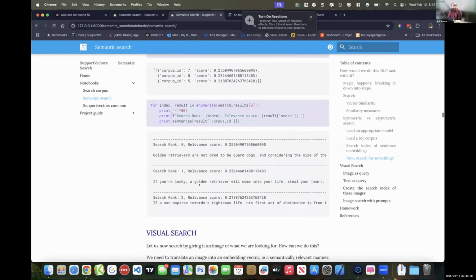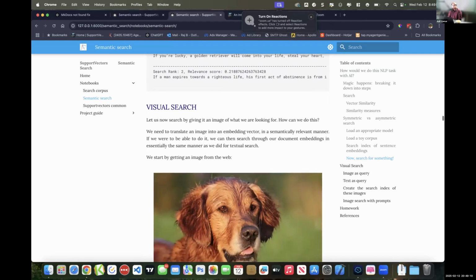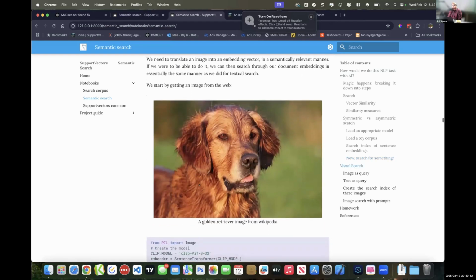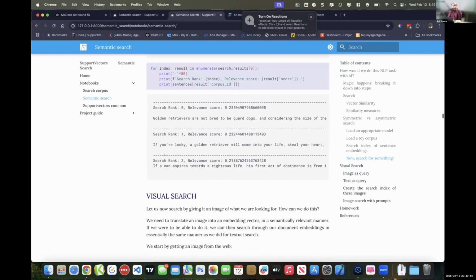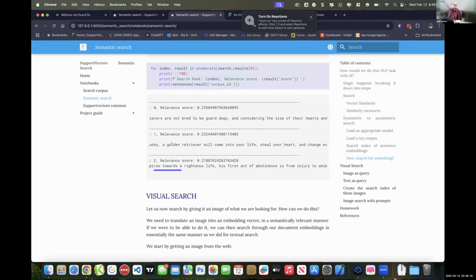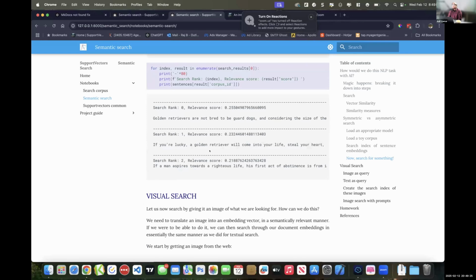Let's look at the second search result, which is a little bit shorter. If you're lucky, a golden retriever will come into your life, steal your heart, and change everything. Once again, guys, there is neither the word animal nor friendship here. It is in fact in the third search result that the word animal will come towards the end.